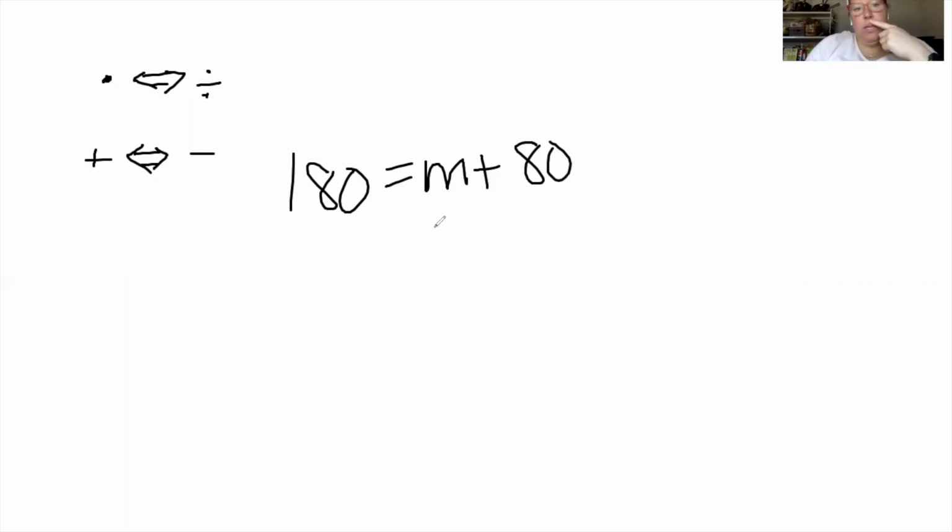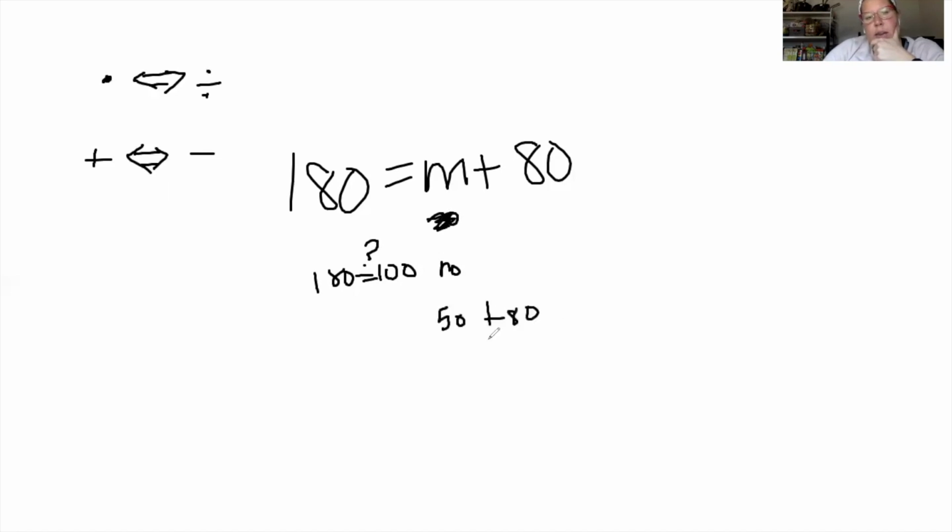So if m is equal to 20, 20 plus 80 is 100. And does 180 equal 100? No. Okay, that's out. What about 50? If m is equal to 50, we get 130. Is 130 equal to 180? No.